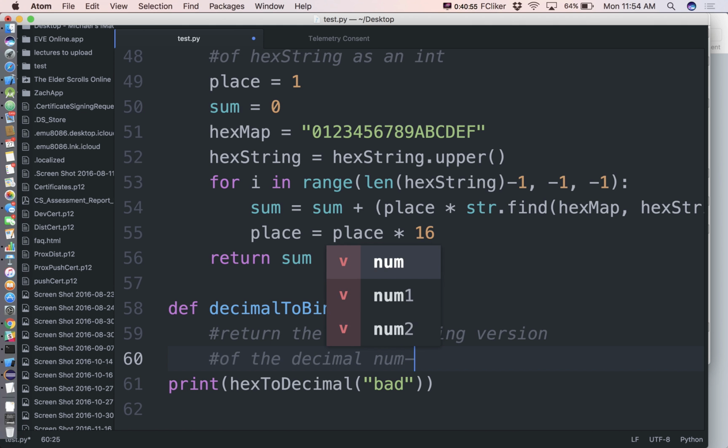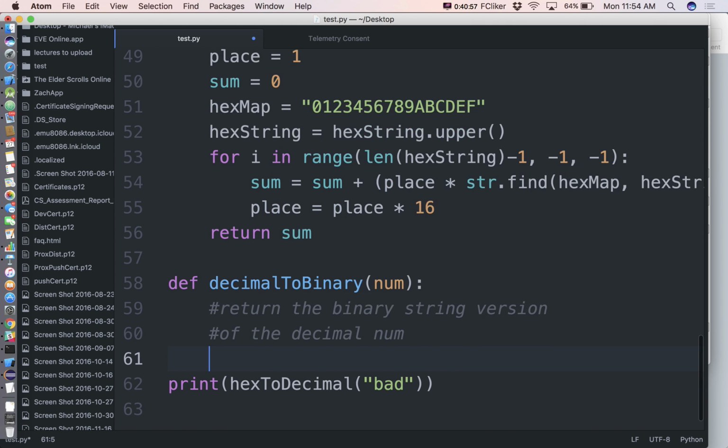For example, if I passed it a 10, 10 should produce the binary number. This is an 8 plus a 0 plus a 2 plus a 0. So it should produce that string, the binary equivalent of 10.